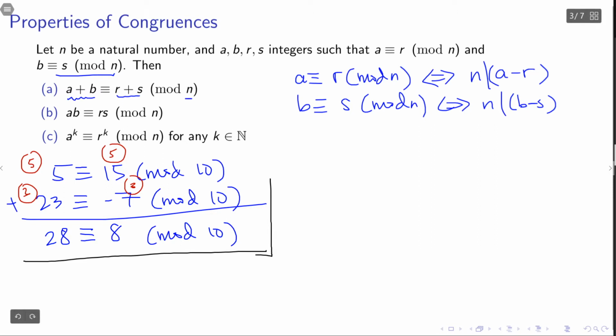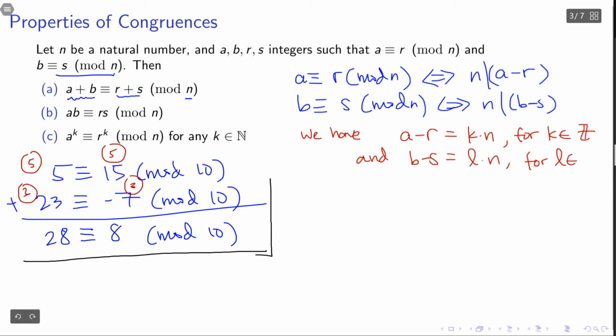That's pretty simple actually from what we have over here. Since n divides a minus r, then we can write a minus r as k times n for some integer k. That's a definition of divisibility. And b minus s can be written as l times n for some integer l.